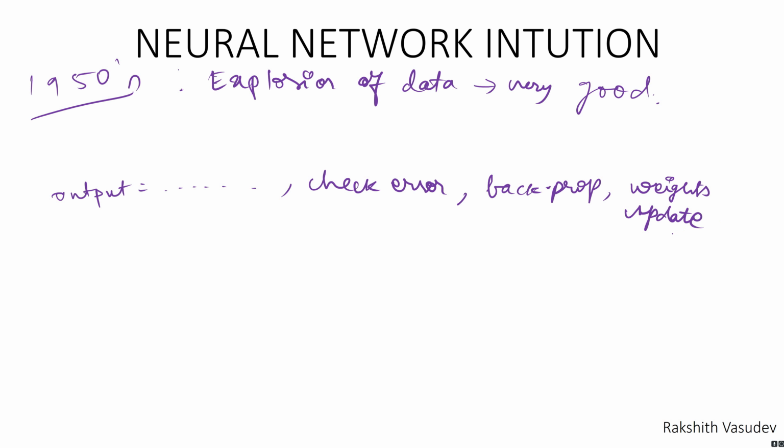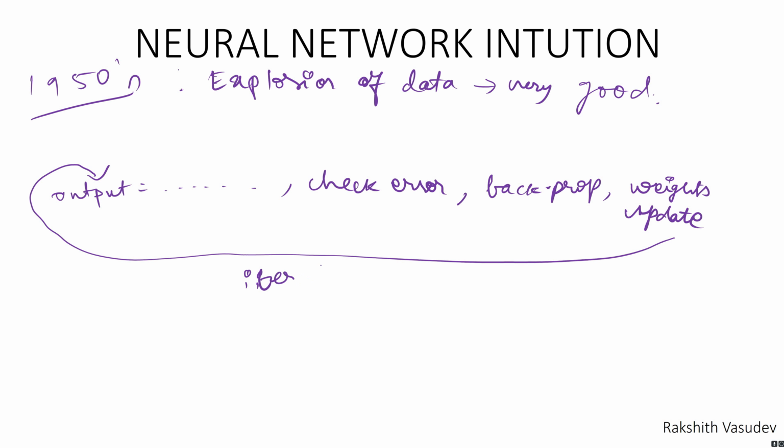Once you update the weights, your model gets better, and again you get a better output. This is an iterative process. That means you keep doing it over and over again, as long as the error is not close to zero. Ideally it's very hard to get to zero, but we want to minimize the error. So that's the whole concept of a neural network.